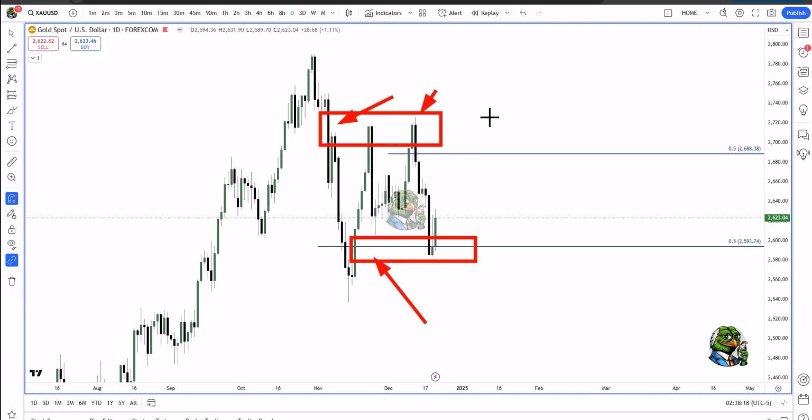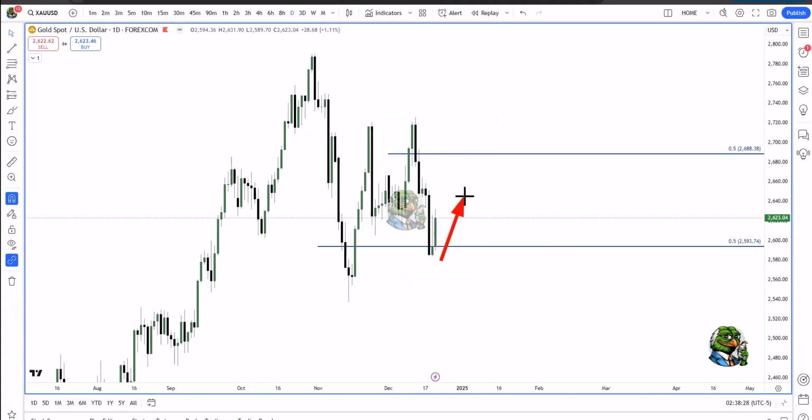And therefore, we've gone from premium to discount. Now, from that level, VIP have been long the market. I showed you some of those positions in a video I posted yesterday. That was Friday. We were long. On Friday, our directional bias was to the long side after coming down to this discount PD array earlier in the week. And so our target, which we've now met, is the premium PD array.